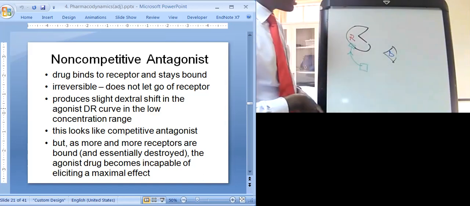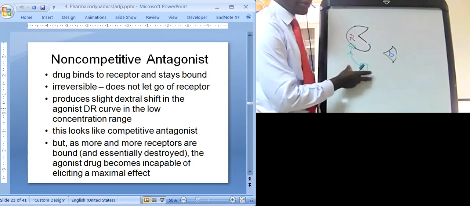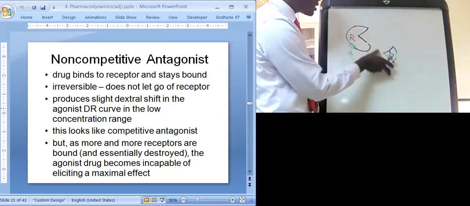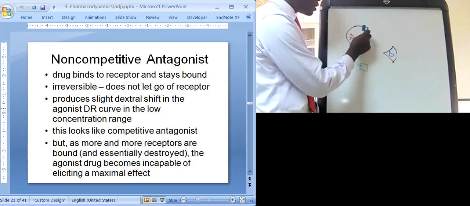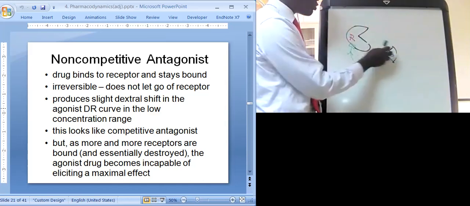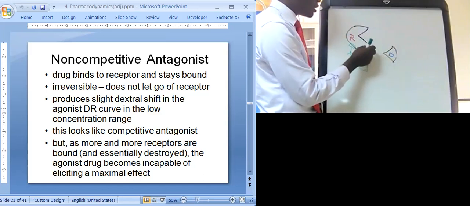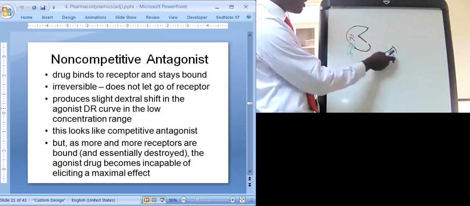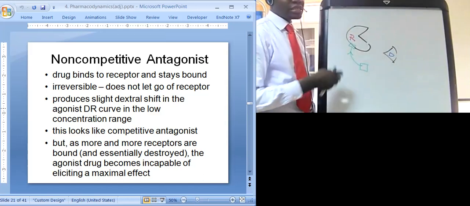So this non-competitive antagonist can bind anywhere, and once it binds, it does not actually block, but it reduces the affinity of this receptor to that drug.